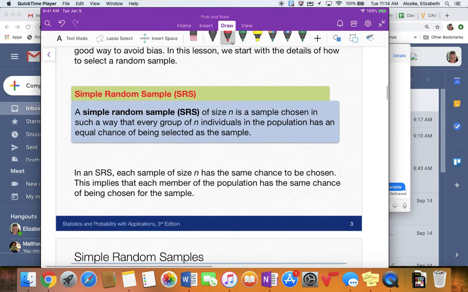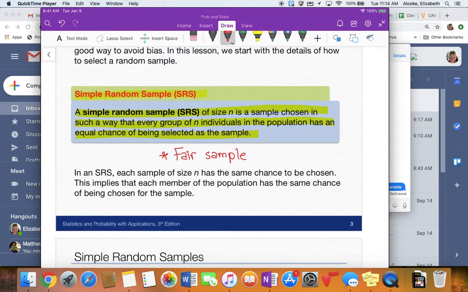A simple random sample of size n is a sample chosen in such a way that every group of the individuals of the population has an equal chance of being selected in the sample. So it is an extremely fair way of surveying, creates a fair sample, which is really important.